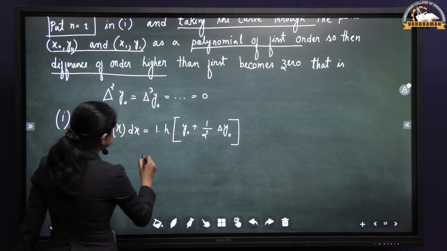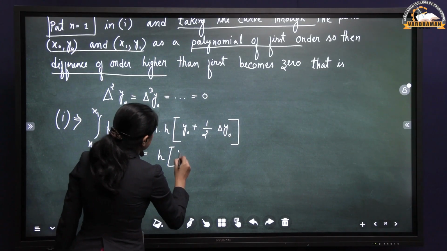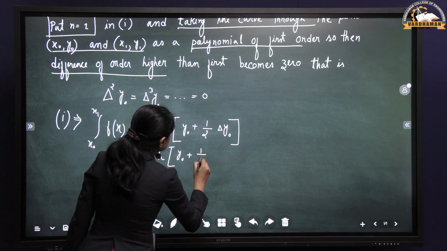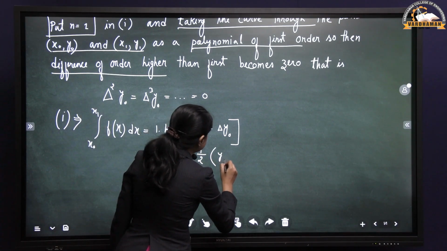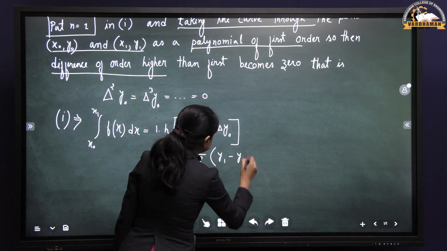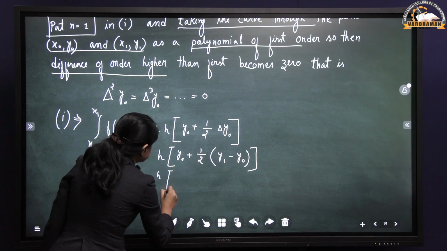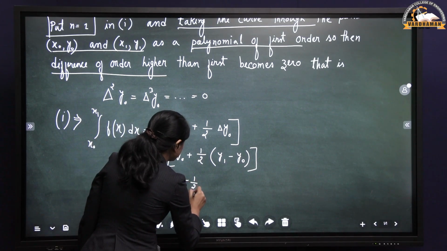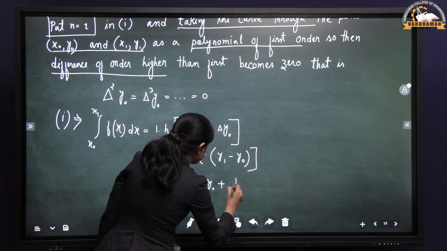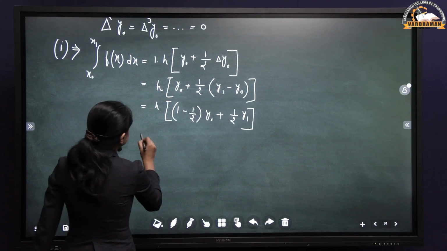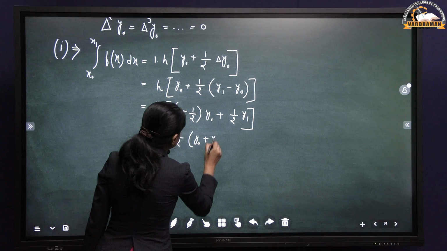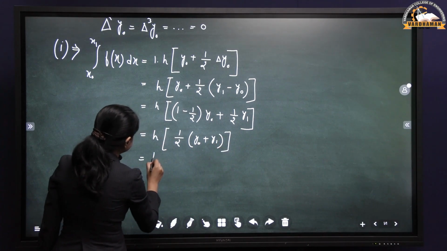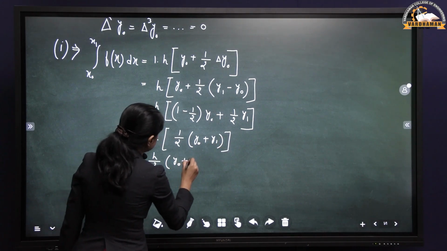Now this will be h [y0 plus 1 by 2 (first forward difference of y0)]. We know that the forward difference of y0 means y1 minus y0. Thus we are getting h [(1 minus 1 by 2) y0 plus 1 by 2 y1]. It will give you h [1 by 2 (y0 plus y1)]. So we are getting h by 2 (y0 plus y1).